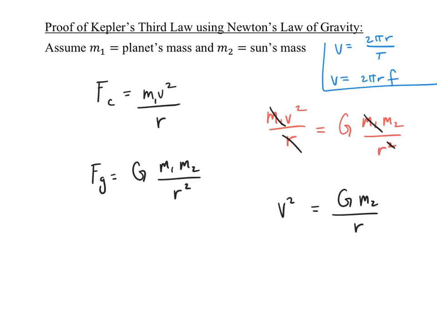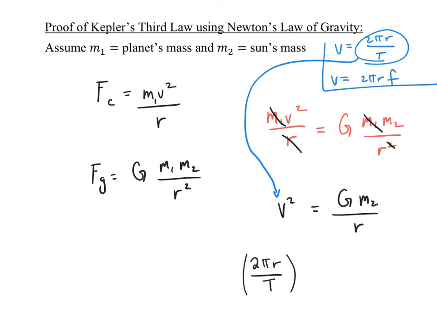I was telling Jack we should use this upper formula here. So let's take that formula and plug it in for v. So I'm replacing v with 2 pi r over the time. This is, remember, distance, circumference, over time.